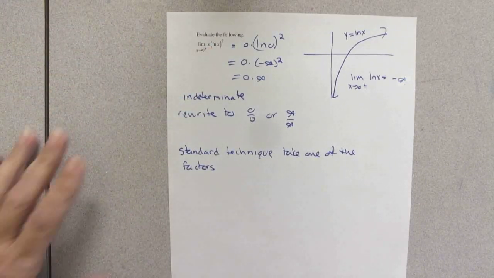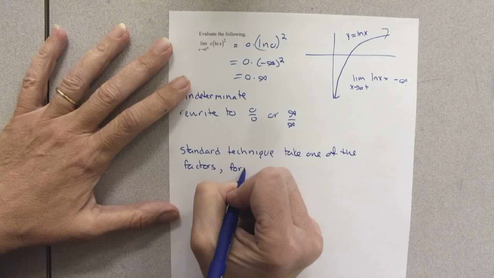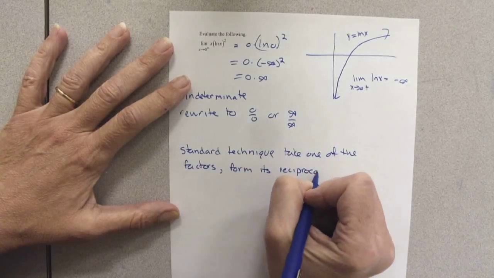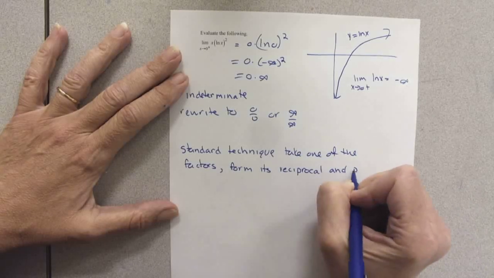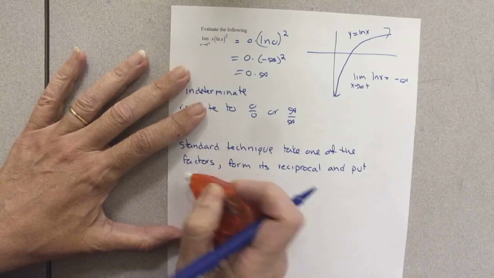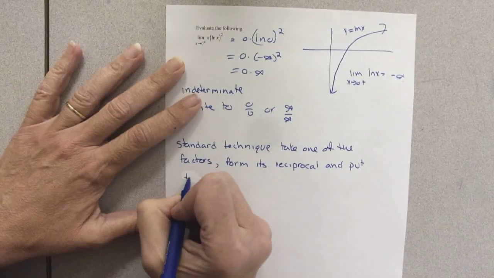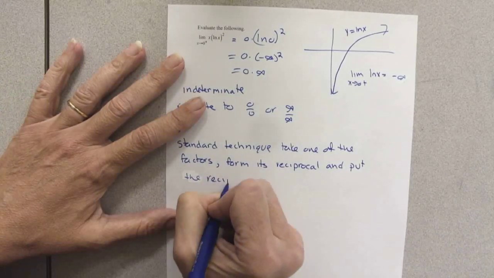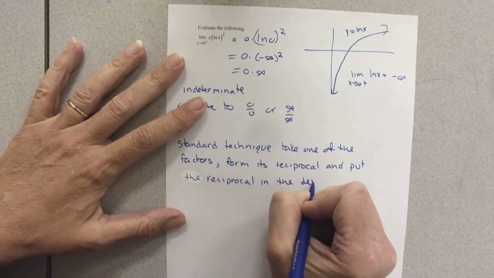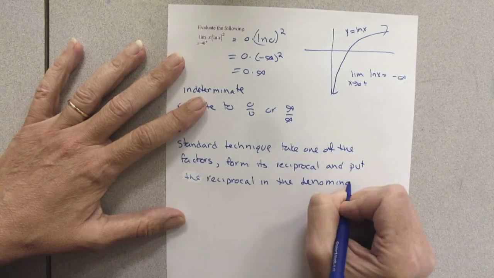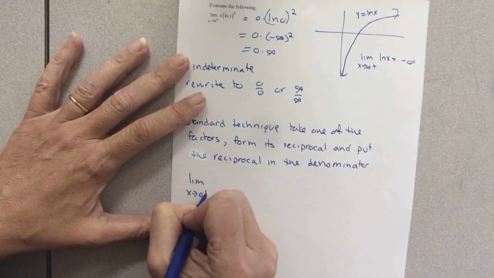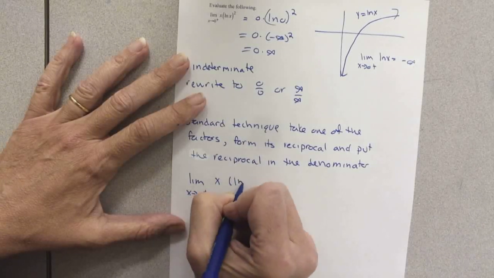You're going to take one of the factors, form its reciprocal, and put the reciprocal in the denominator. Meaning this.